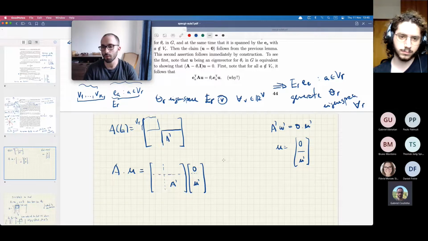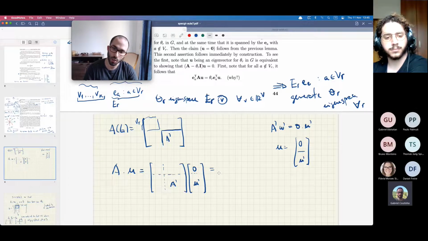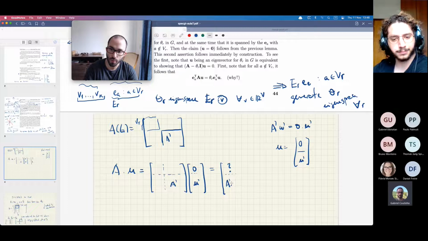What is the result of this multiplication? Well, I'm going to have something here, and here I'm going to have A prime U prime, which is theta U prime.